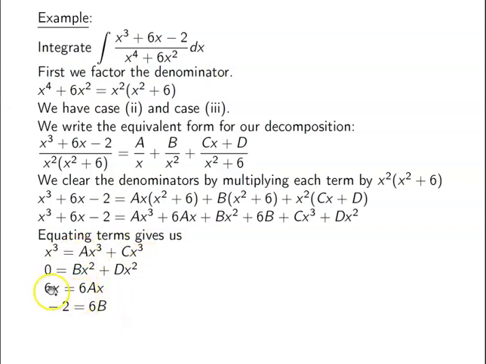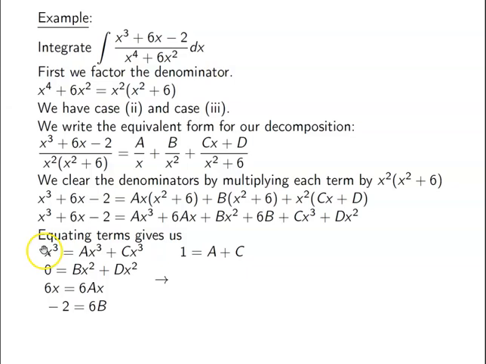Before we even do this, what we can do is let's get rid of these x's because these x's are confusing me. If I take this first equation and I divide both sides by x cubed, all of the x cubes go away. And I'm left with just 1 equals A plus C. The way that I think about it is instead of dividing by all of them, I'm just going to take them away.